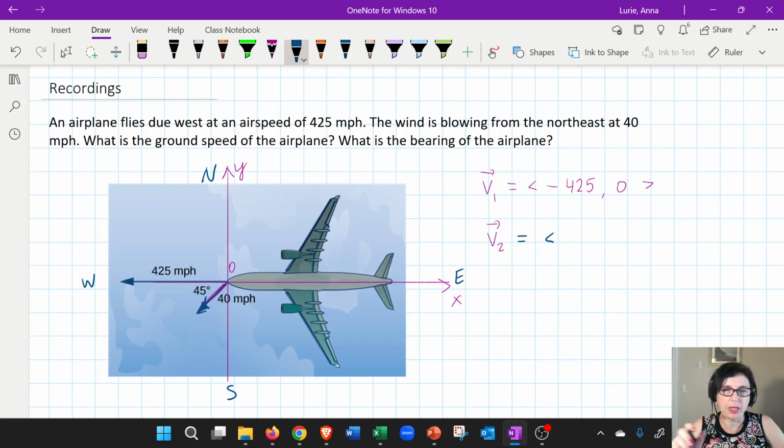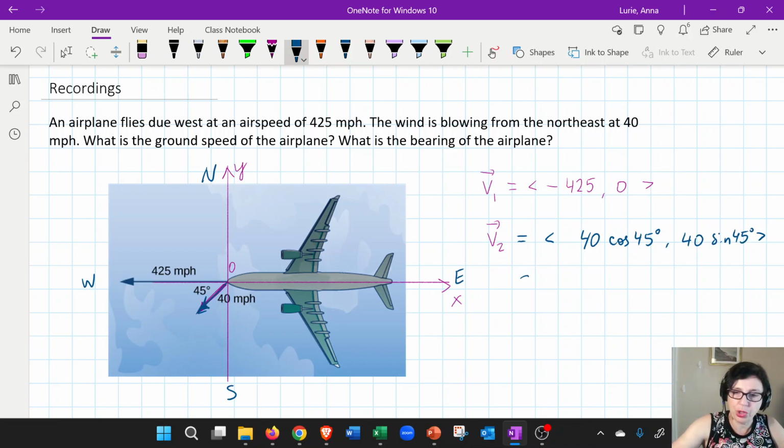Generally speaking, if you disregard which quadrant this vector is in, you just take the magnitude of the vector and multiply it by the cosine of the angle. So the magnitude is 40, and we multiply that by cosine of 45 degrees. The other one, the magnitude is also 40, and we multiply it by the sine of 45 degrees.